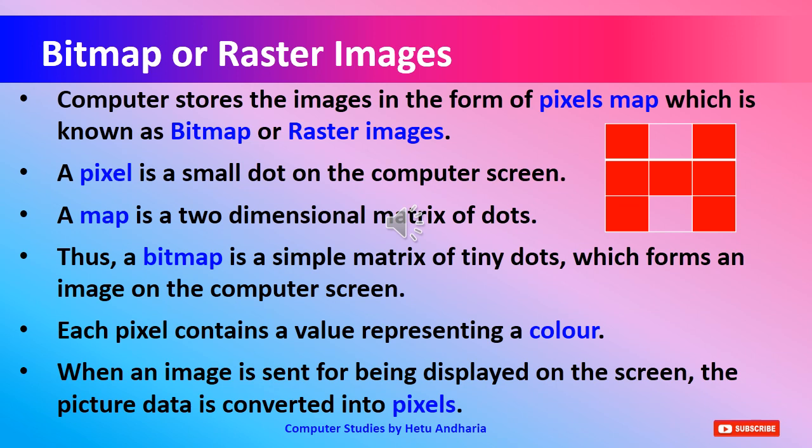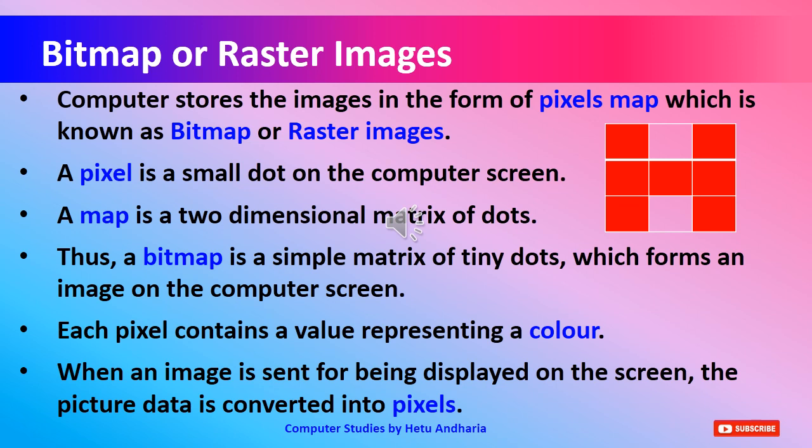To see how many pixels your screen is made up of, you can right click on your desktop and click on screen resolution. So the number of squares is so large. If you multiply 1366 by 768, it gives you 10,49,088. So there are so many pixels, and by setting the screen resolution to a higher number of pixels, the clarity will go on increasing.